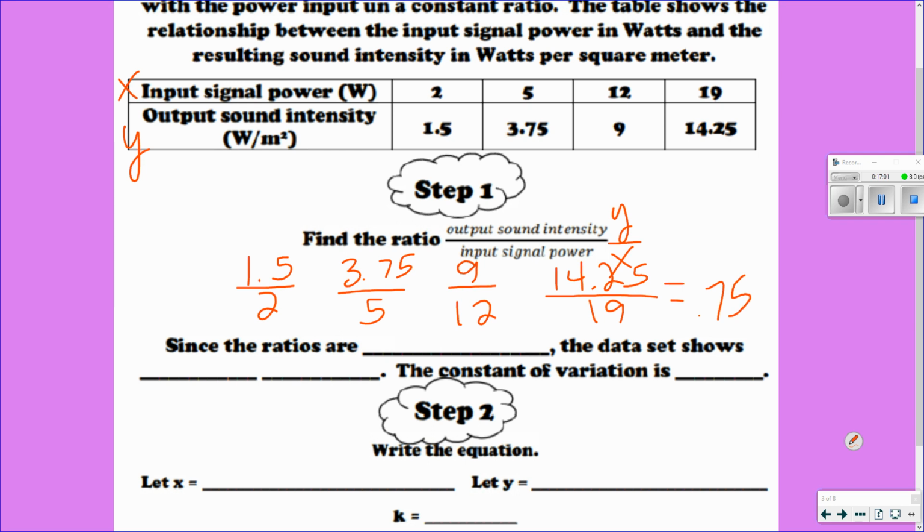Since the ratios are proportional, the data set shows direct variation. The constant of variation would be 0.75. That's also K.